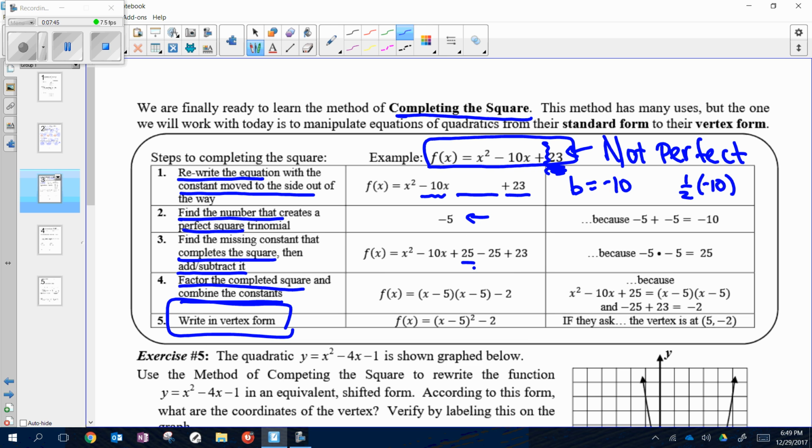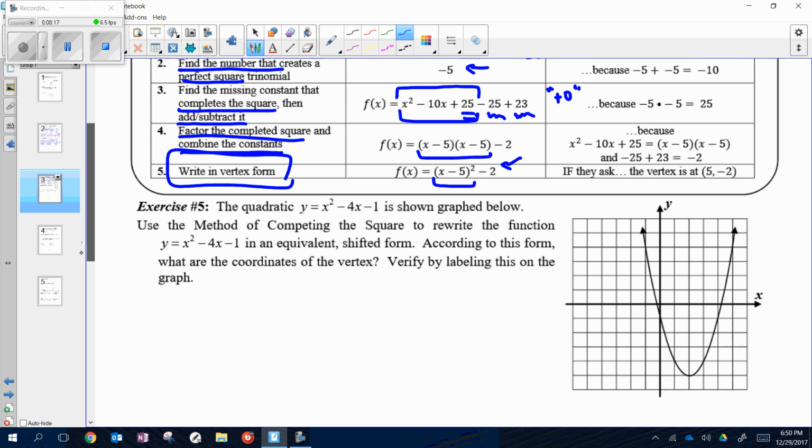Then square that, and there's a 25 that I need to put in to create this perfect square. So it's like you're putting a 25 right in here, but if you add in 25, you also need to take that away so that you are just really adding in a 0 and not affecting the equation. Then you have this perfect square, x minus 5 times x minus 5, which is a square, and then you're just adding -25 and 23 to make the -2. We're going to do a bunch of these, and you're going to get really good at them.